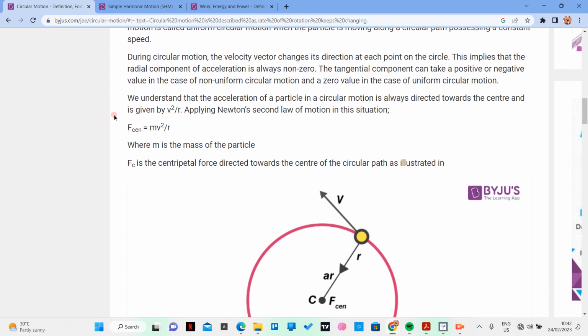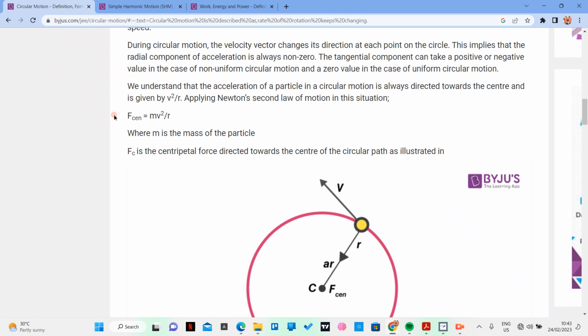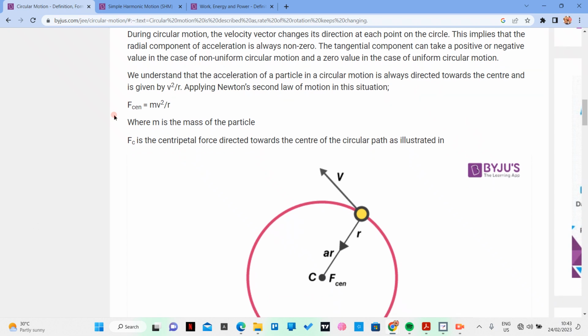Now, when I said that the acceleration of a particle in circular motion is always directed towards the center, it's given by v squared over r. That's the radial acceleration. Based on Newton's second law of motion, the rate of change of momentum is proportional to the force applied. So we have our acceleration already.